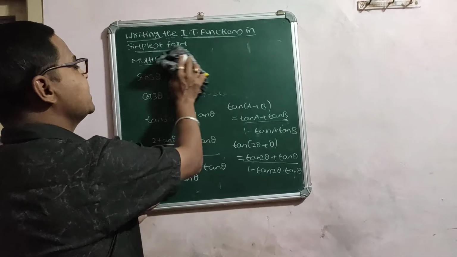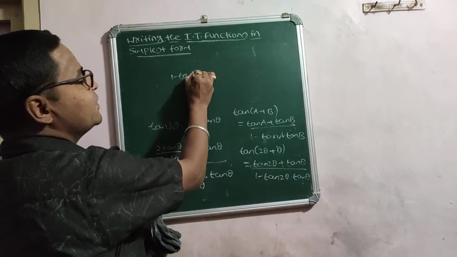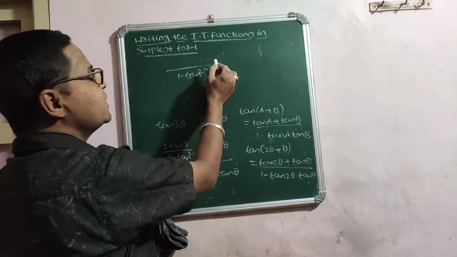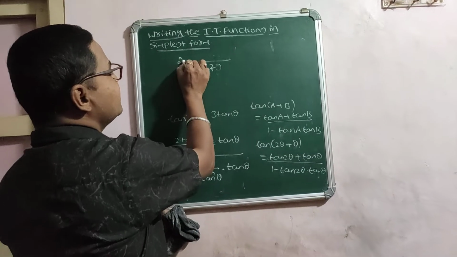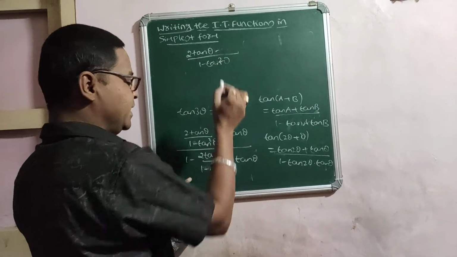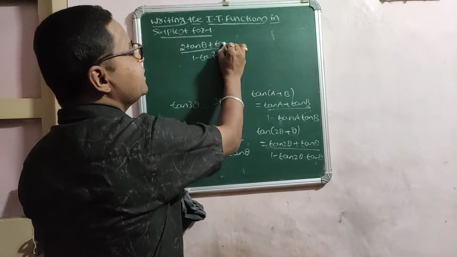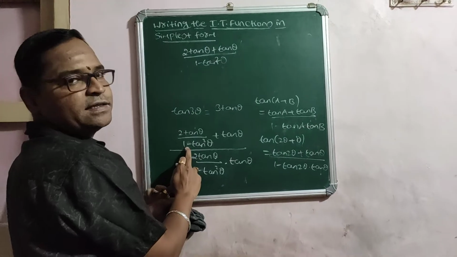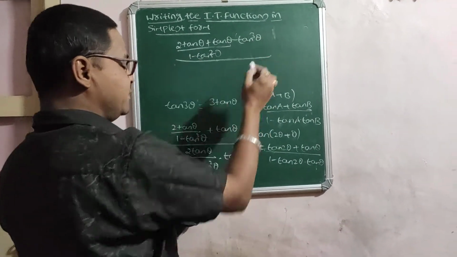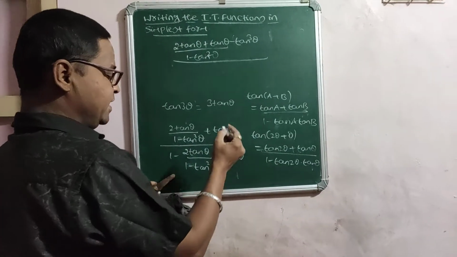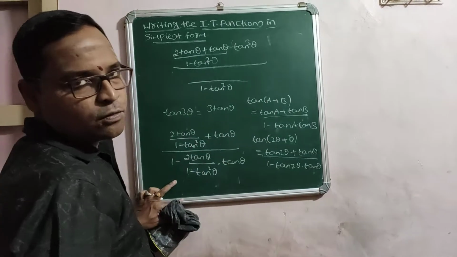So let us check what happens if we consider the LCM as 1 minus tan square. If we consider 1 minus tan square theta as LCM, in the numerator the term takes the form 2 tan theta plus tan theta into 1, which is tan theta, minus tan cube of theta, whole divided by, once again, 1 minus tan square theta as LCM in the denominator.